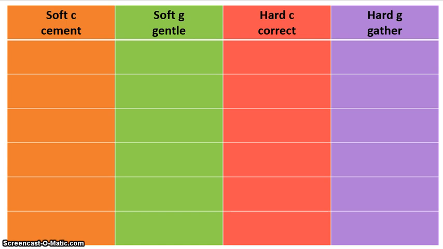And so when I talk about soft C, as compared to a hard C, a soft C would say S, very similar to an S. So that's a soft C is an S sound.